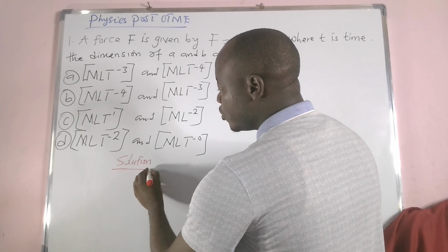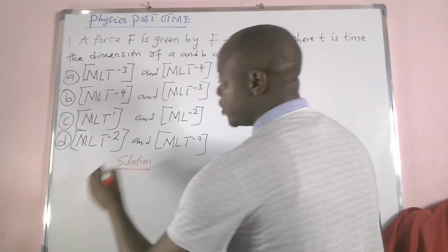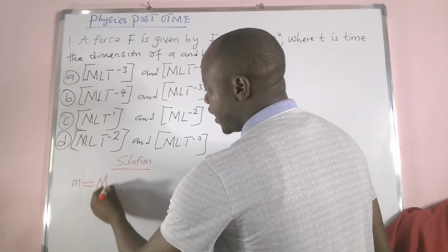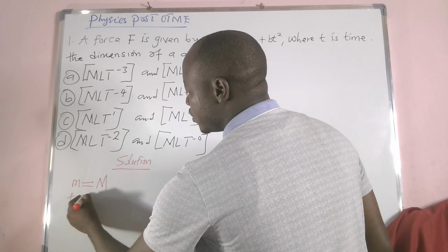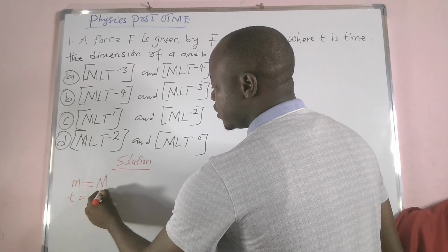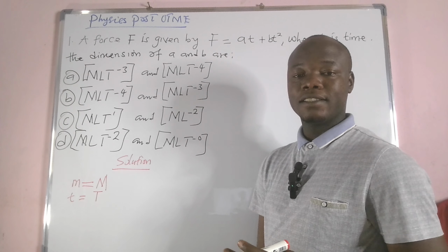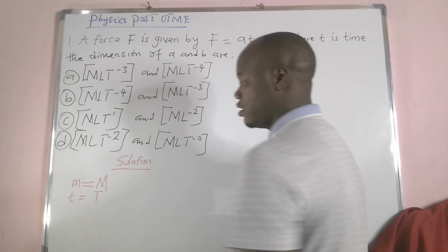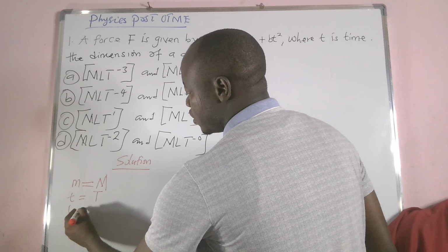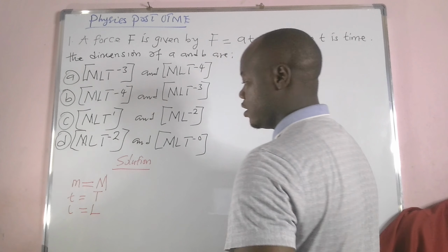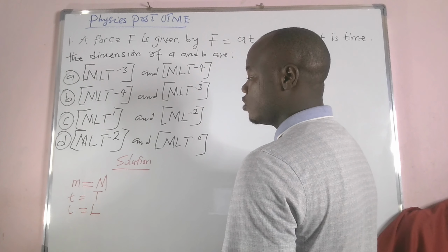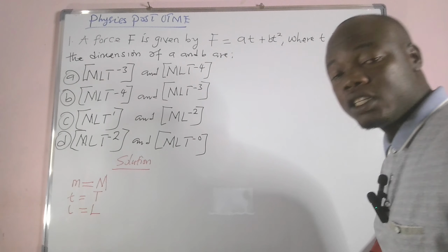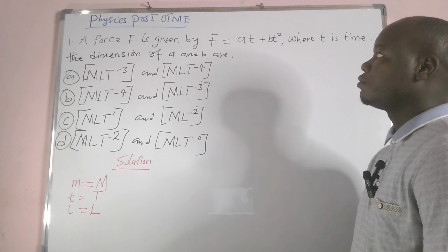Whenever you have mass, it has a dimension of capital M. Time is represented with capital T. Distance, displacement, and length all have capital L. These are some of the basic fundamental parameters that we use in dimensions.